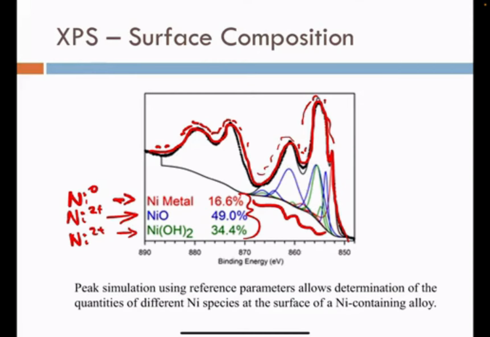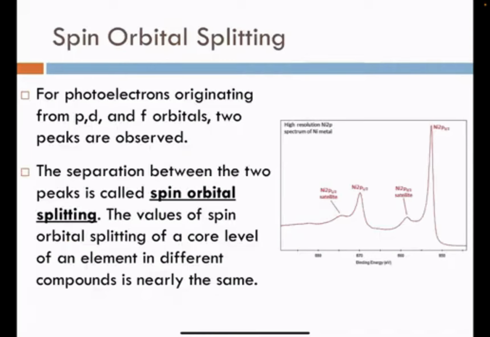The fitting curves are mathematically added to give a fit ideally on top of the experimental curve shown in dark black, and this is the determination of the composition numbers we see reported here.